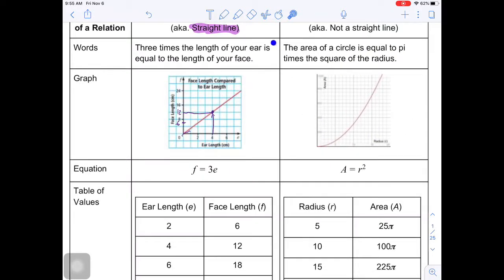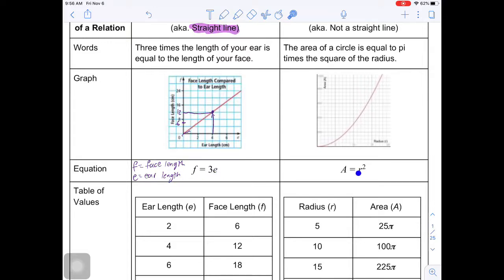We can show both of these relationships in terms of an equation. And here we want to put F as face length and E as ear length. So anytime you create an equation, you need to make sure you state what type of variables these represent. So what does F represent here? Well, F represents the face length and E represents your ear length.